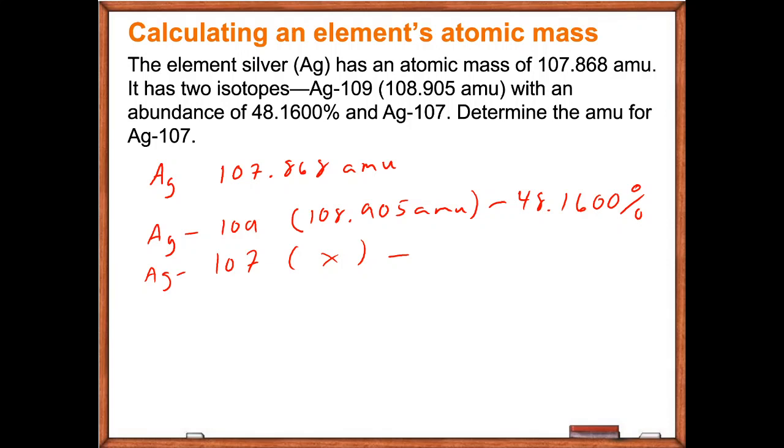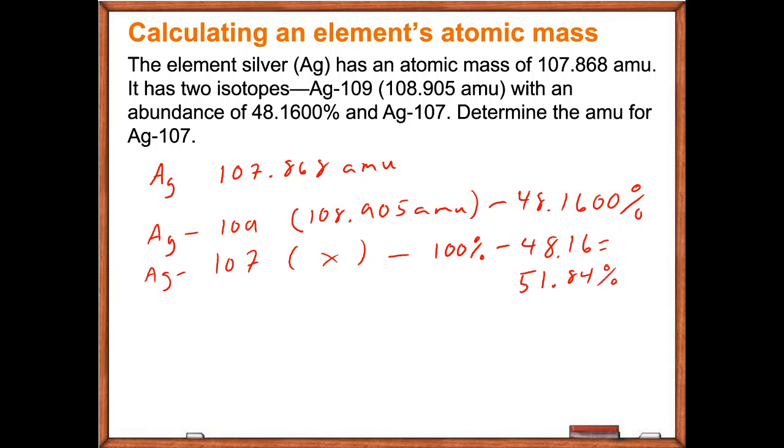They don't give us the percentage for the other one, but essentially I can say 100% minus 48.16, and that's going to give us an abundance of 51.84%.